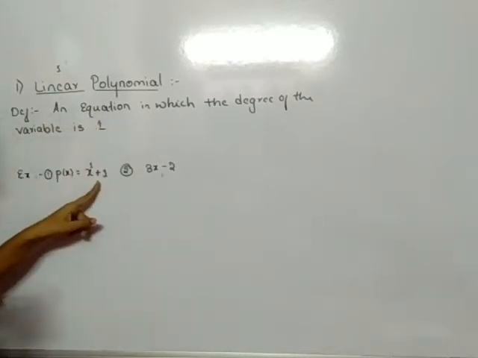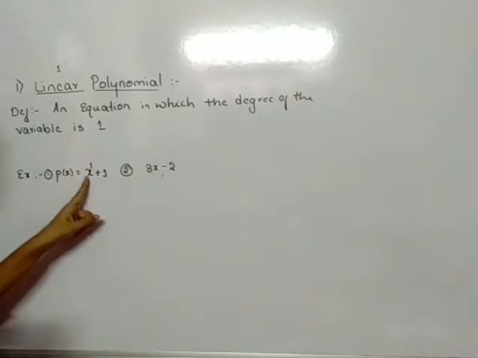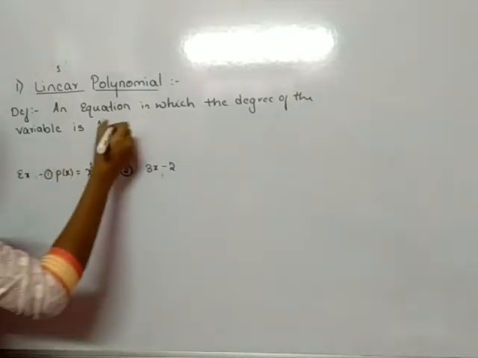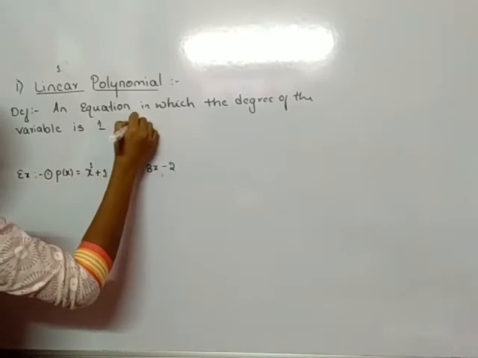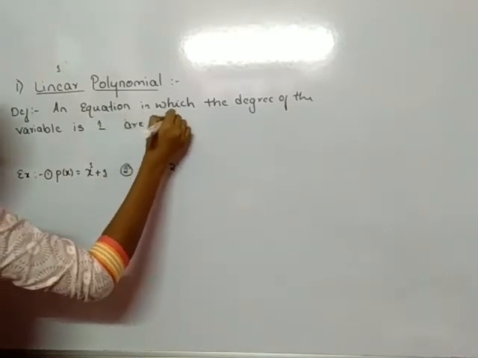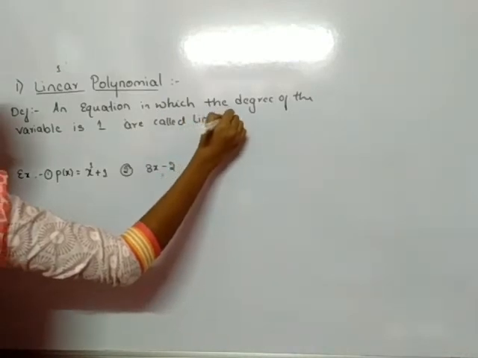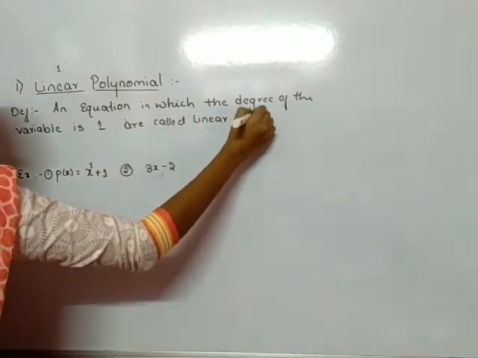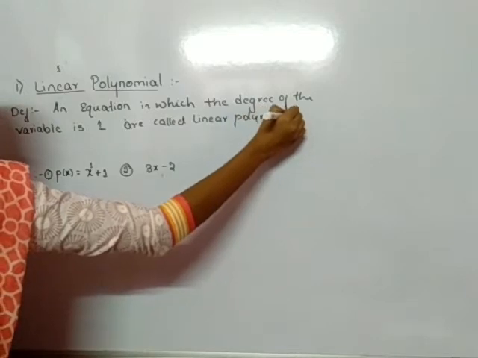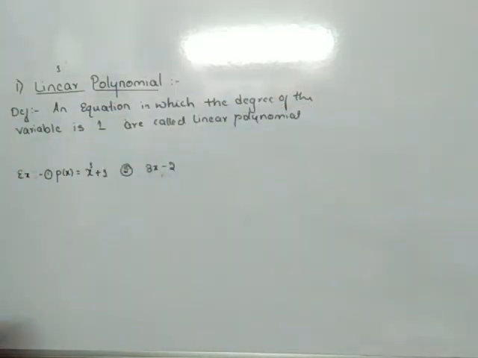It is an equation containing a variable whose degree is 1. Such types of polynomials are called linear polynomials. Okay, this is the definition of the linear polynomial.